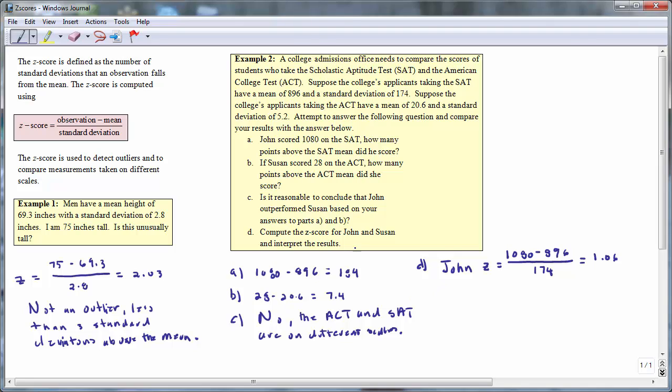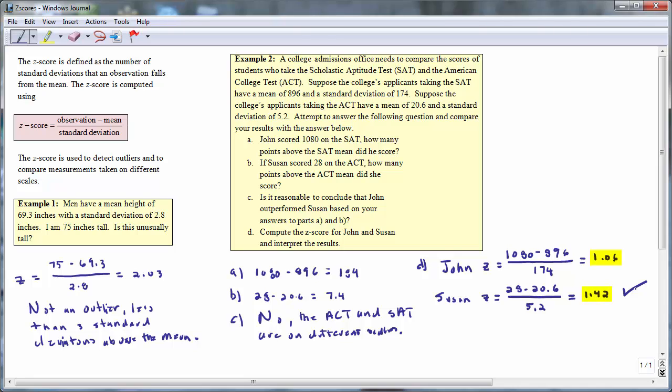Then compute the z-score for Susan. So take Susan's score of 28, subtract the mean for the ACT of 20.6, and divide by the standard deviation on the ACT, which is 5.2. Do the subtraction and the division, and we come out with a z-score of 1.42.